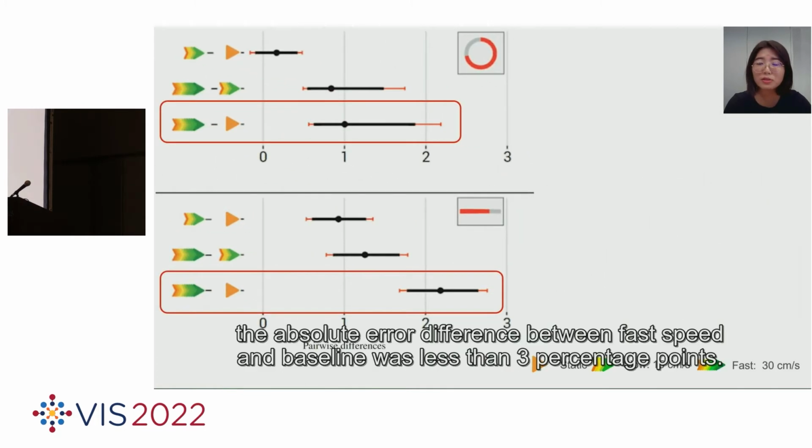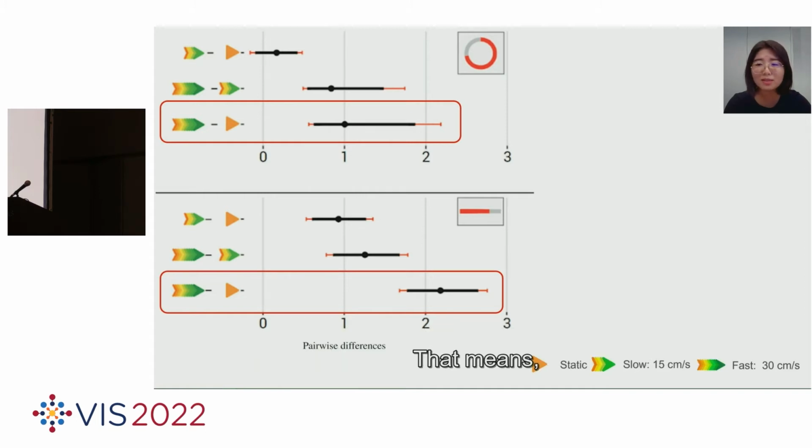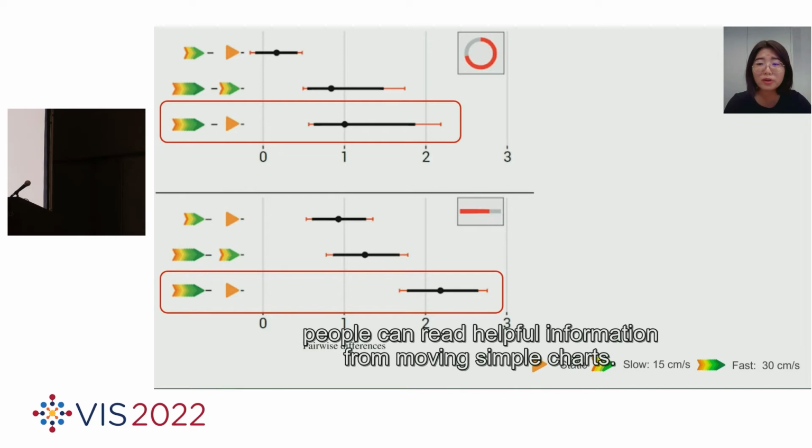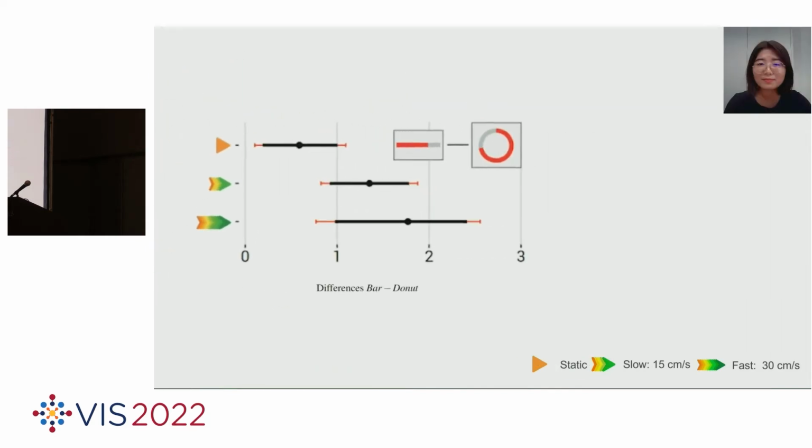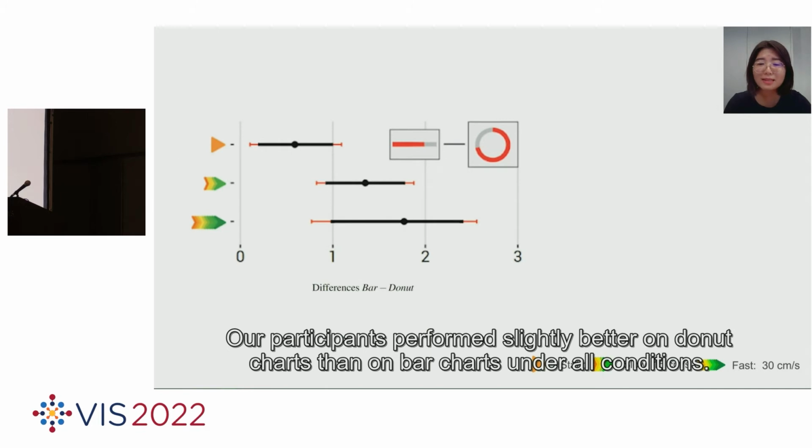However, the absolute error differences between fast speed and baseline was less than 3 percentage points. That means, although speed has an impact, practically, this impact is weak. People can read helpful information from moving simple charts. Our participants performed slightly better on donut charts than on bar charts under all conditions.